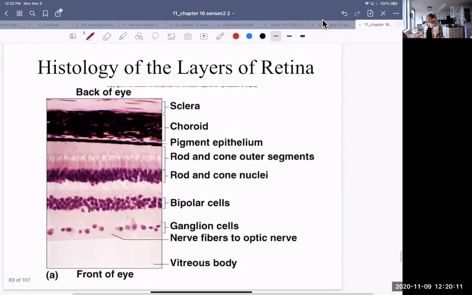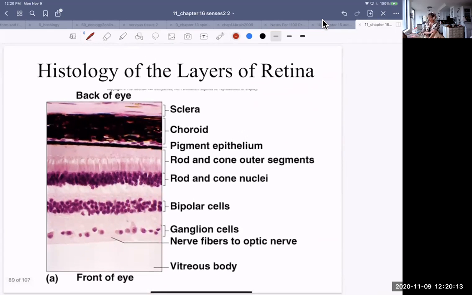So here's an image taken of the actual tissue. There's the sclera. I don't know if we talked about the function of the sclera. The sclera is a thickish membranous layer. It's the very outer layer of the eye.